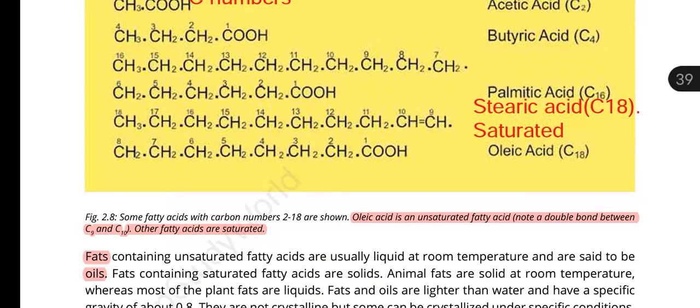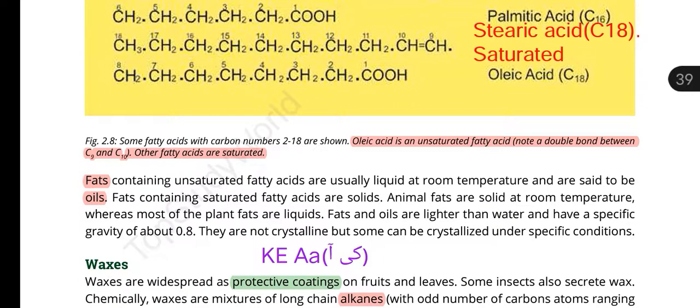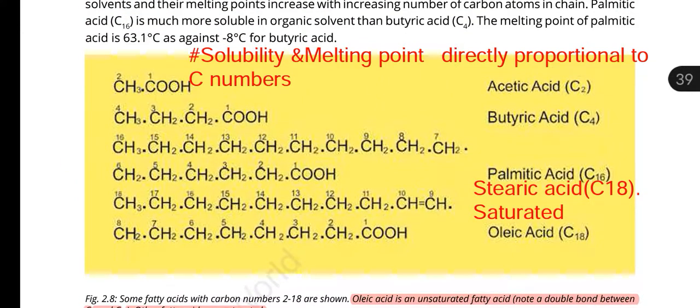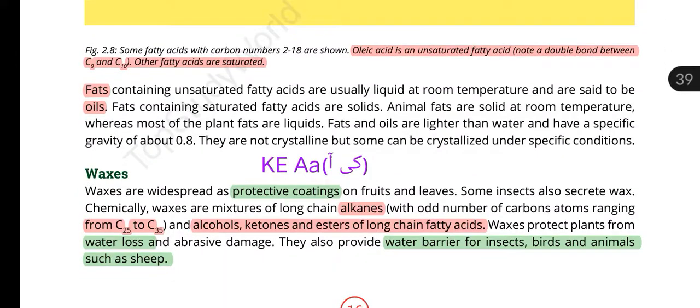Oleic acid is unsaturated while stearic acid is saturated because it does not contain any double bond. Oleic acid is an unsaturated fatty acid with a double bond between carbon 9 and 10. And other fatty acids exemplified here are saturated.